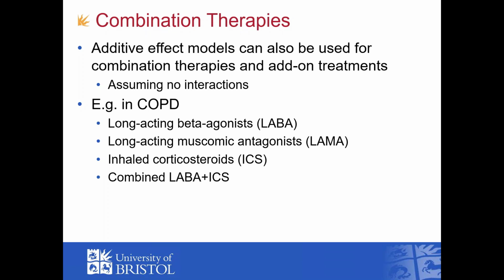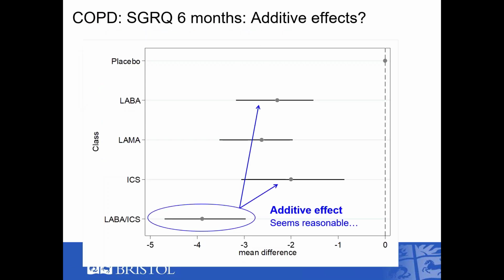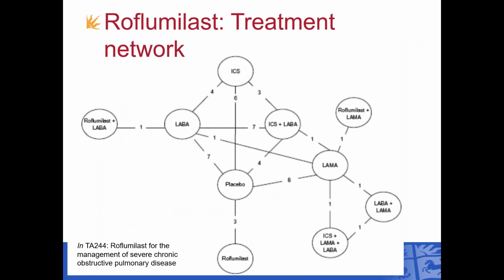And just to note that this has been used in practice in a NICE technology appraisal, in COPD, where you have combinations of different therapies, and it seemed from the evidence that additive models were reasonable. So if you look at the LABA effect and the ICS effect here, they add together to give you the combination therapy effect, and that supported the idea that they could use these additive models in this technology appraisal.